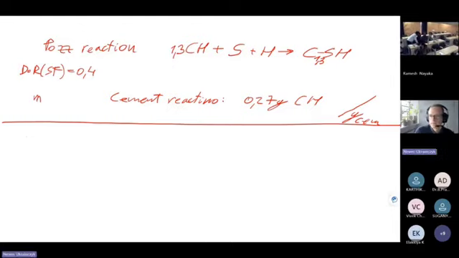So if you remember, we are calculating the mass of silica film from the stoichiometry.